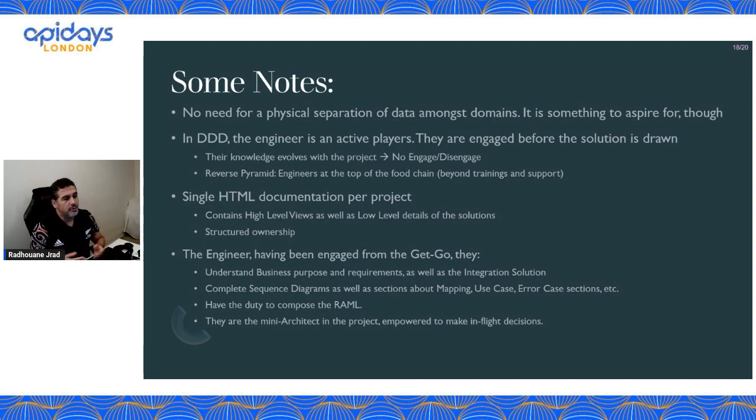It's a fair assumption to say that out of 100 developers, at least 90 of them want to do good. So if they fail delivering properly, this is the reverse pyramid I was talking about. That means we didn't give them the right tool or the right support or the right information. Usually with DDD, your developers are micro or mini architects as well, and it works a treat.